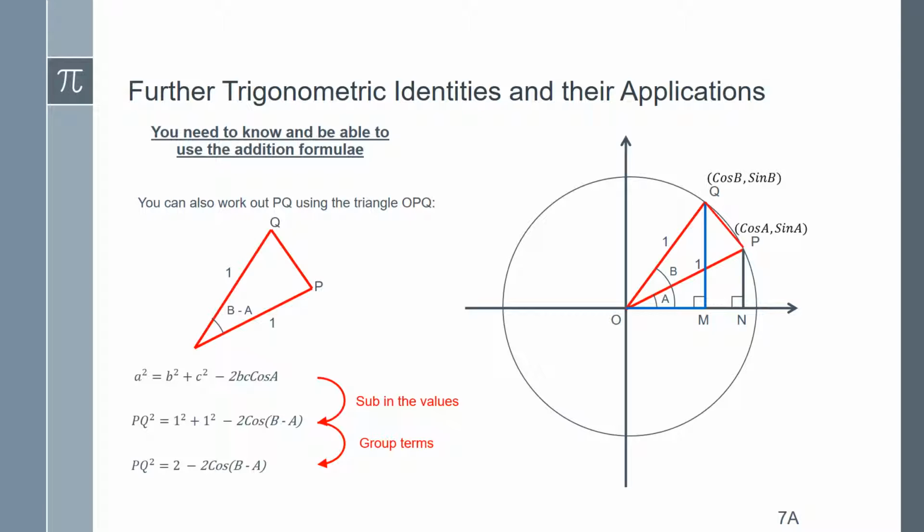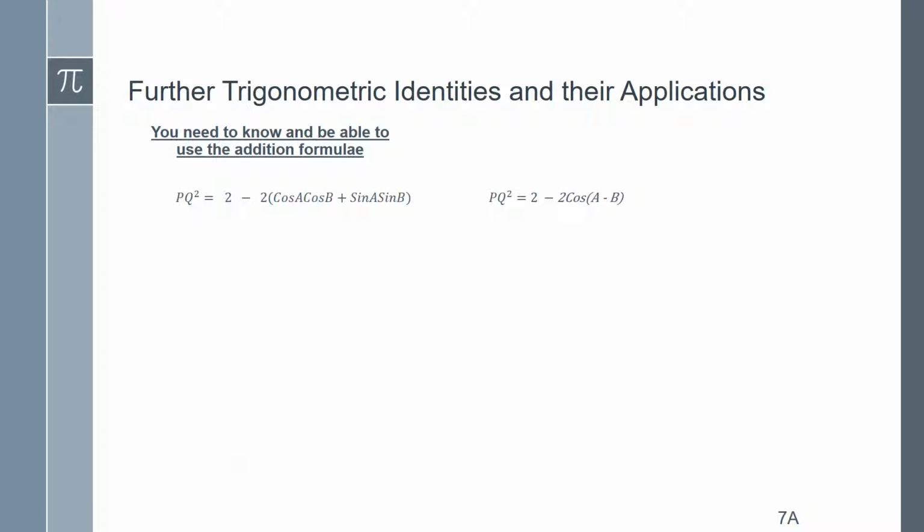So now we've worked out PQ squared in two different ways. I should have said first that, as we knew anyway, cos (B minus A) is the same as cos (A minus B), because of the symmetry of the cos graph. If we equate them, then 2 minus 2 (cos A cos B plus sin A sin B) is equal to 2 minus 2 cos (A minus B).